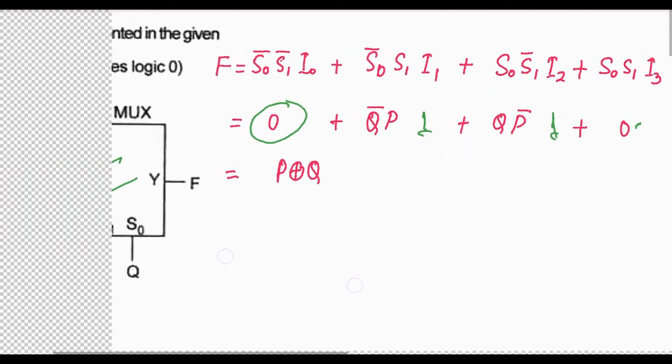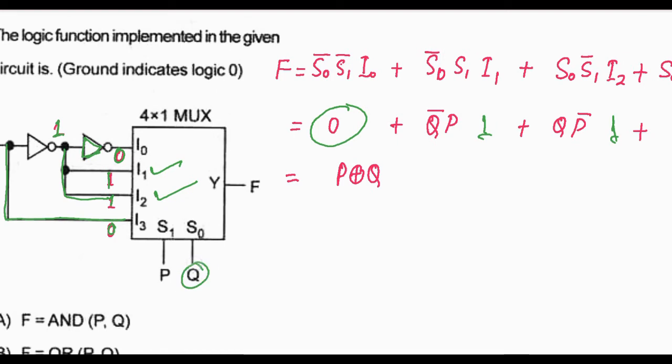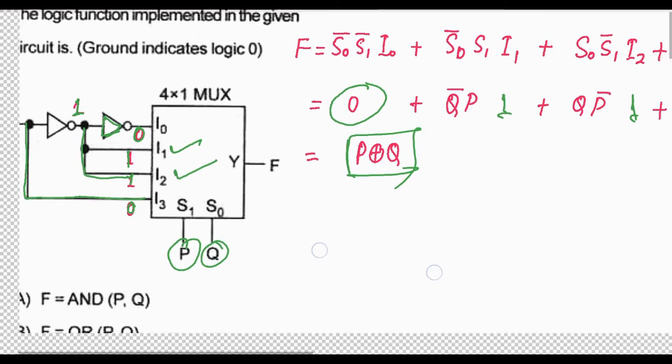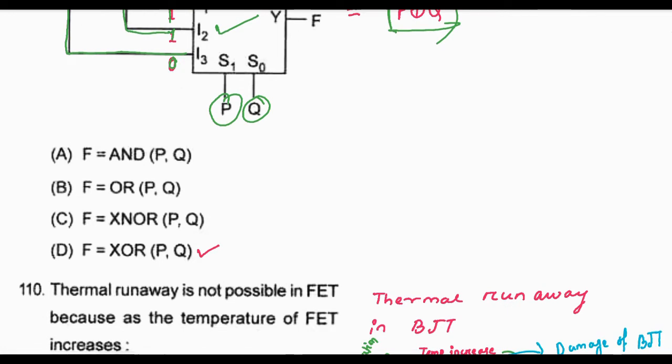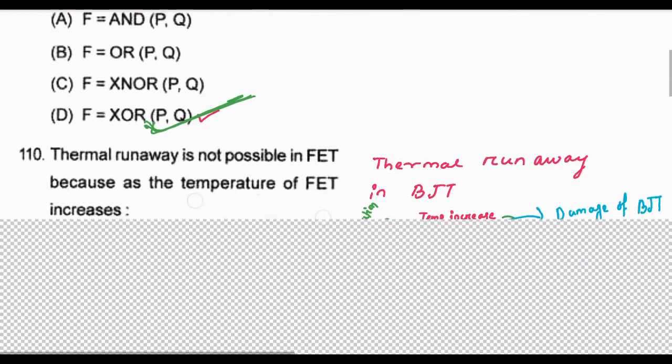So here S0 is Q and S1 is P, so this will be Q bar P into 1, plus Q P bar into 1, and this will be Q bar P plus P Q bar, and this is simply the XOR gate. So function is XOR of P and Q. So answer is option D.